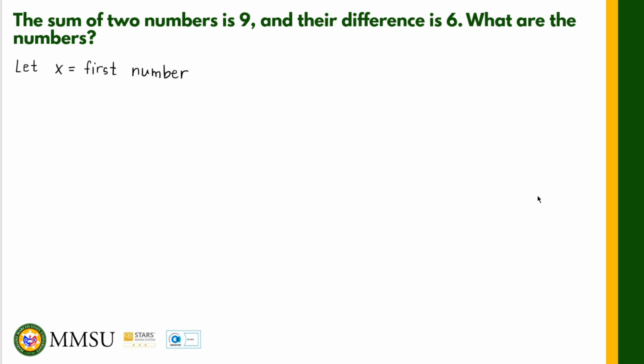Kung x yung first number at alam natin na the sum of the two numbers is 9, therefore, the second number is 9 minus x. Yun yung expression natin for the second number. 9 minus x. Itong expression natin for the second number, galing siya doon sa first statement ng problem. Okay?